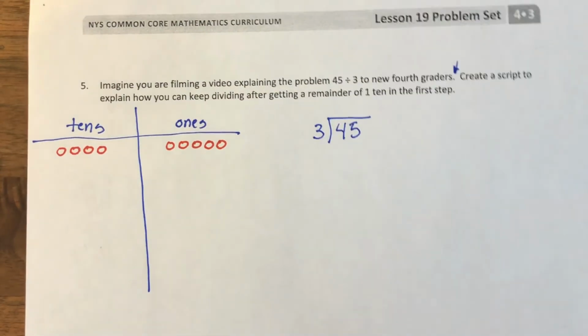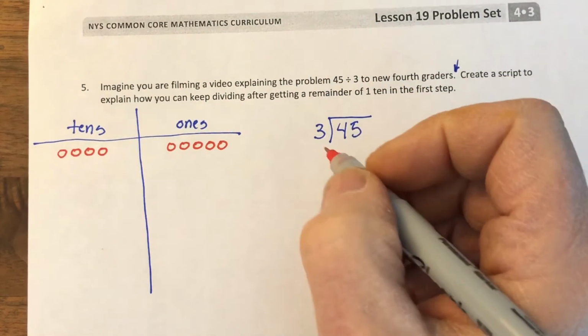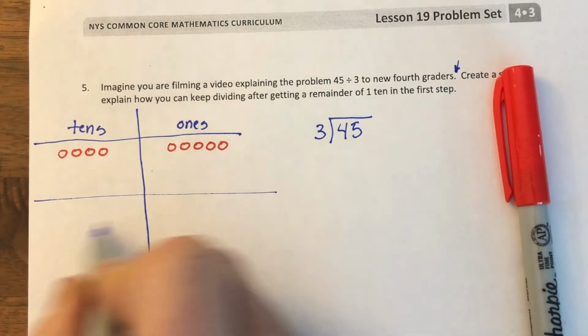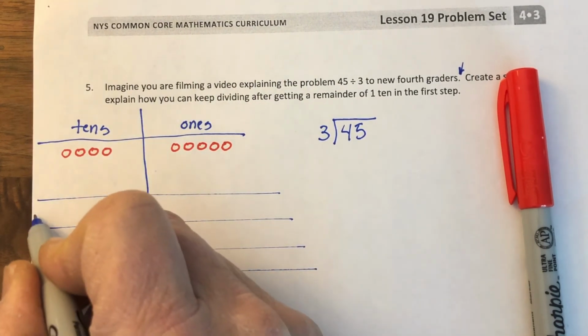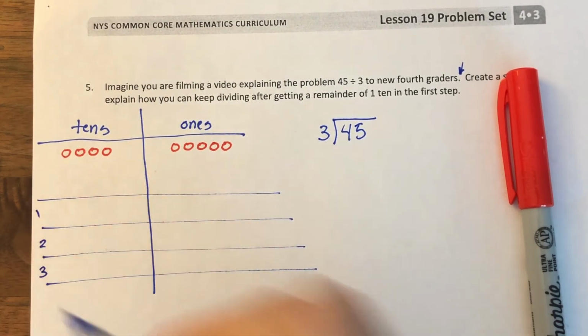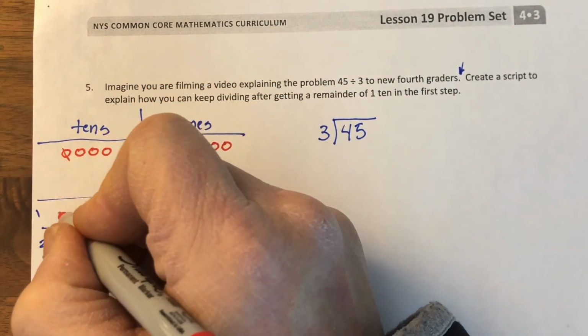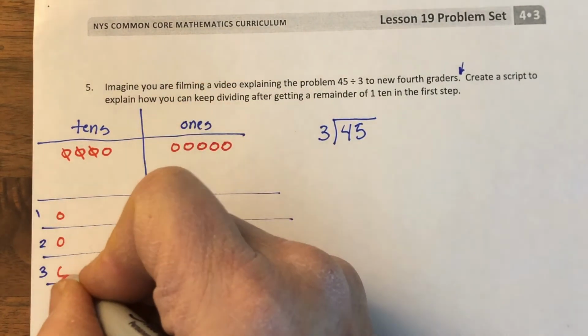Now I'm going to divide. 3 is my divisor, so I'm going to show 3 different groups. There's 1 group, 2 groups, 3 groups. And we know what to do here. Take 1, put it in this group. Take another, put it in this group. Take another, put it in this group.